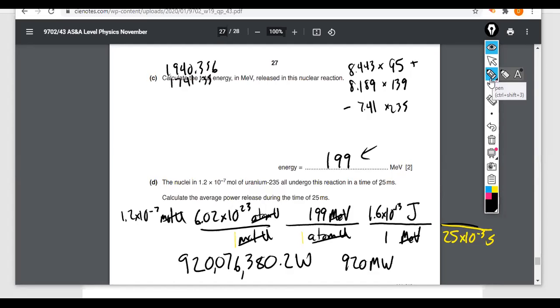Yeah, if I get like 900, well, that time I got like 947. But I don't know what I did. I guess a small change here when you multiply by 10 to the 23 is a big change. Somewhere around there, like 900 megawatts, something like that.